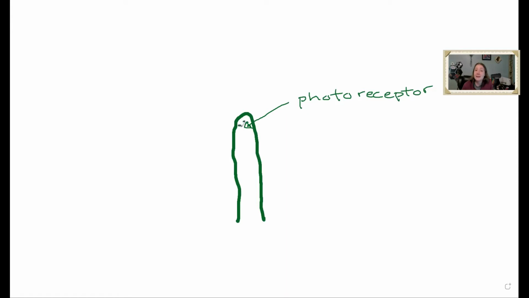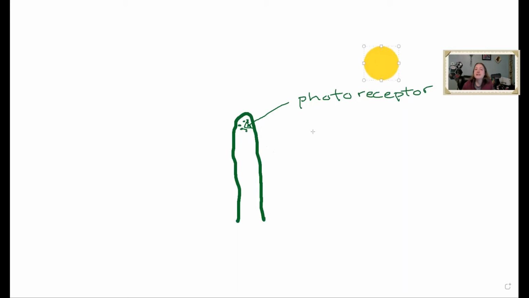When the photoreceptors in the tip of the stem sense the sunlight, they release a chemical that runs to the dark side of the plant. Let's add a sun here. Here's our sun.